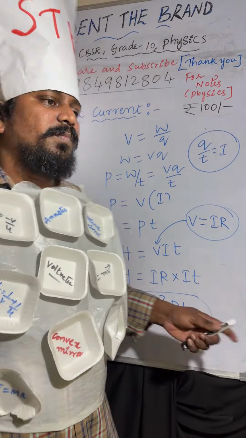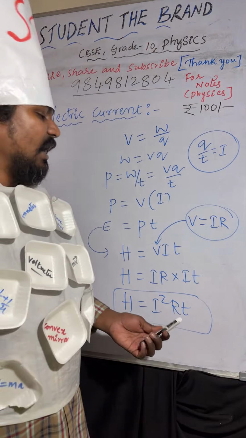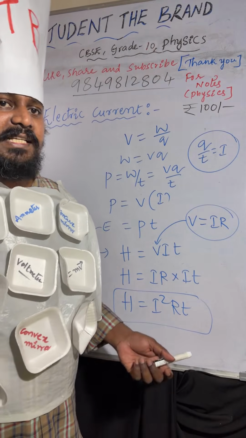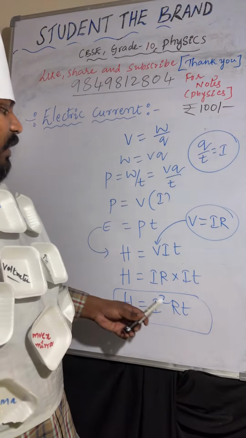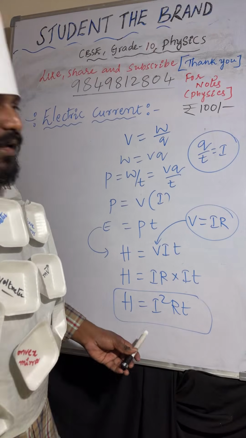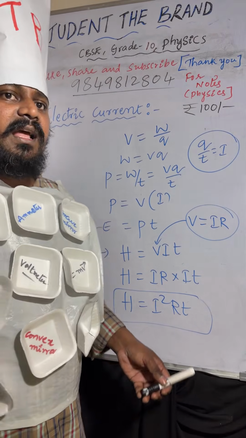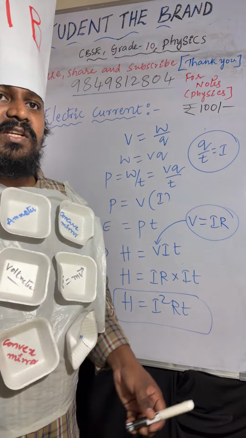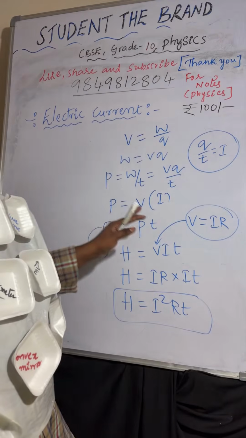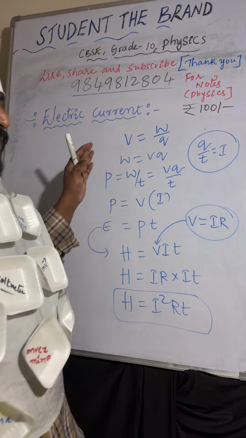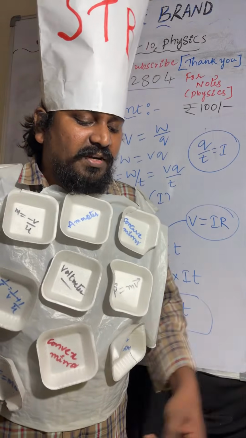Heat produced in the conductor is directly proportional to square of current, directly proportional to resistance, and directly proportional to time. Okay, so this is about heating effect of electric current, also known as Joule's law of heating.